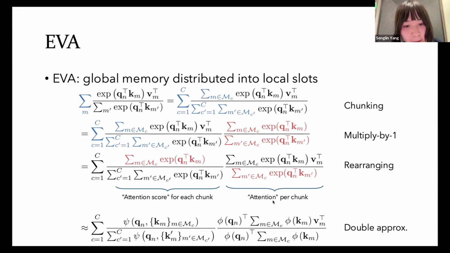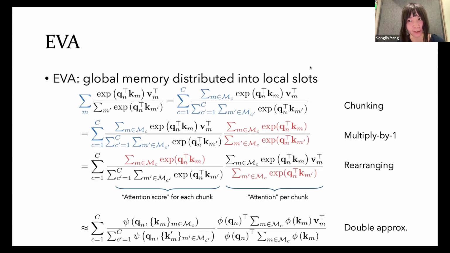I have a quick question. So the capital C is the number of chunks, right? When the sequence length becomes larger, C will also become larger, because you are fixing the chunk size. Yes, exactly. And I was also wondering, in this EVA linear attention, do you need to maintain C hidden states, one for each chunk, or only a single hidden state? So you're referring to whether we maintain several hidden states.